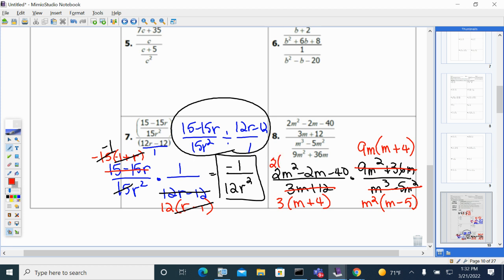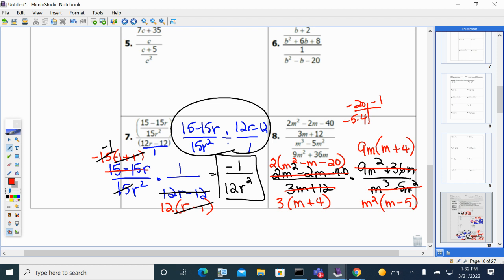So that's going to give me 2 times m squared minus m minus 20. And we still have to factor that. We still have to factor the m squared minus m minus 20. So we're looking for two numbers that multiply to give us -20 and add to give us -1, which would be -5 times 4.